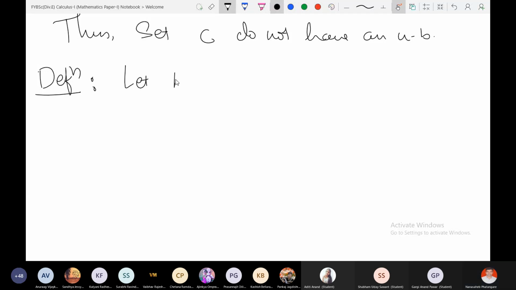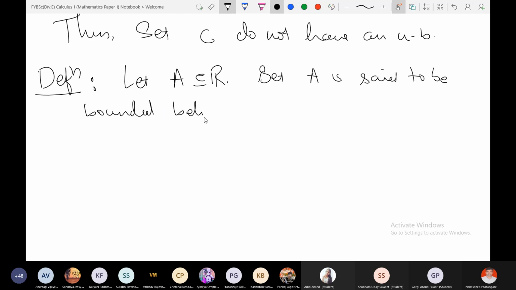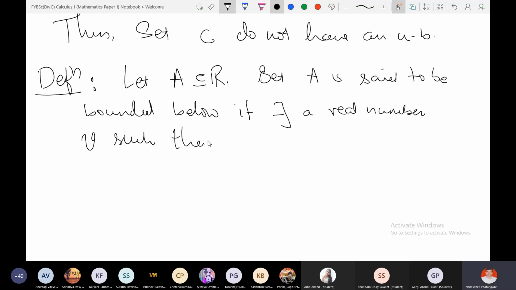Let A be a subset of R. A set is said to be bounded below if there exists a real number V such that V is less than or equal to x for every x in A.